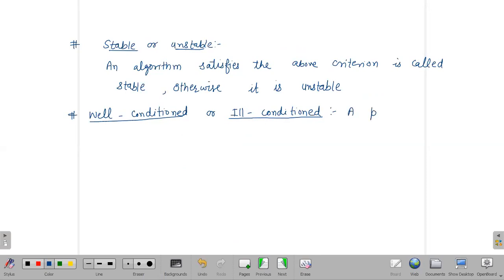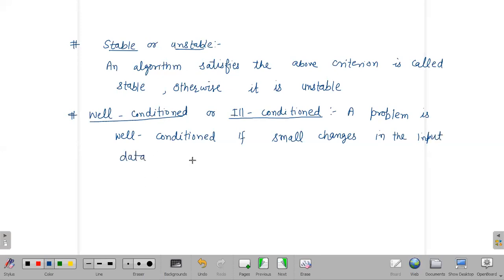So a problem, obviously a mathematical problem, is well conditioned if small changes, I am writing the criteria definition here, small changes in the input data can produce only small change in the output.